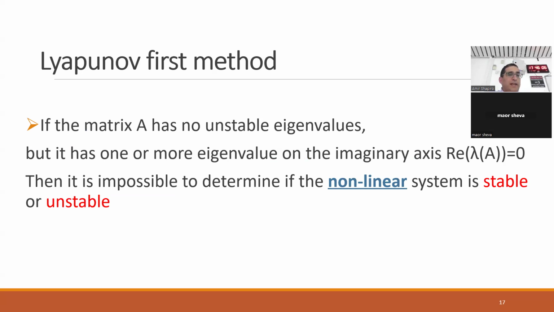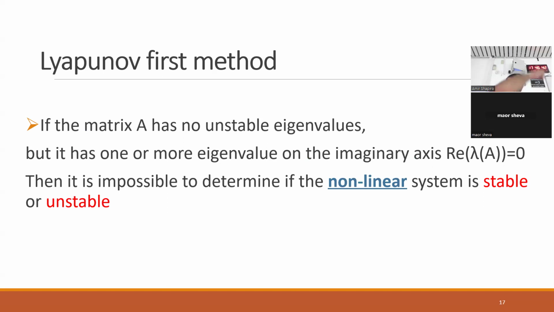Then if the matrix A has no unstable eigenvalues, but it has one or more eigenvalues on the imaginary axis, meaning that the real part of at least one eigenvalue of the linear approximation matrix is 0.